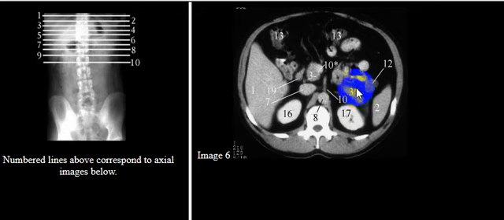And here also the tail of the pancreas, and this is the tip of the spleen, and this is the left kidney, aorta, right crus of the diaphragm, left crus of the diaphragm, and this is the descending colon.